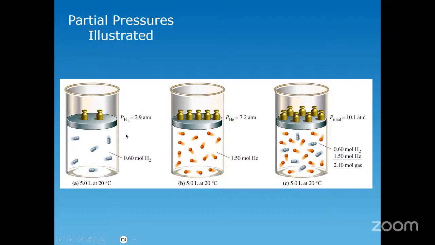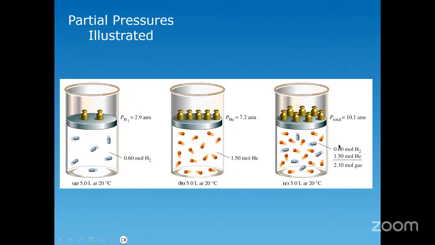In the case of hydrogen, the amount of gas present is 0.60 moles, and the pressure exerted by that amount of gas is 2.9 atmospheres. In the case of helium, the amount of gas here is 1.50 moles, and the pressure exerted will be 7.2 atmospheres. So this is basically the gases separate, and then when you mix them together, what happens?